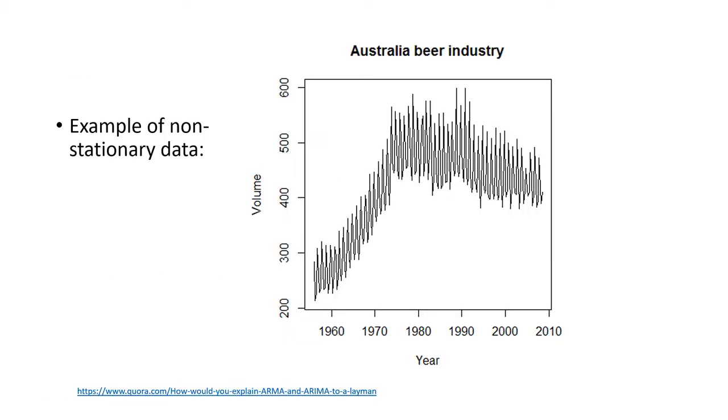Okay. So this is one example where you have a trend which is up and then stagnant, and you also have seasonality. So you have trend issues and seasonality issues, so you need to use ARIMA for this.